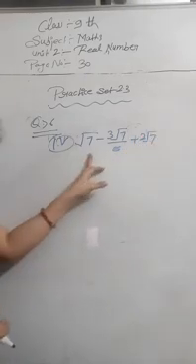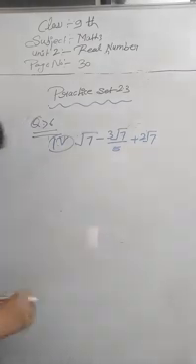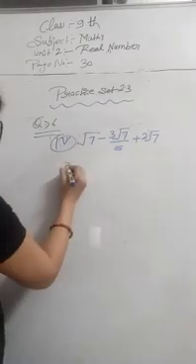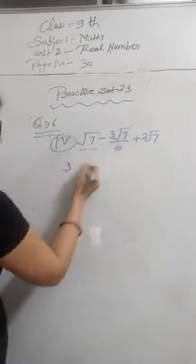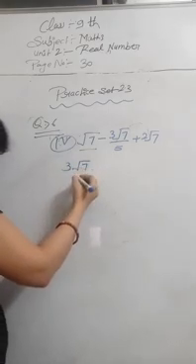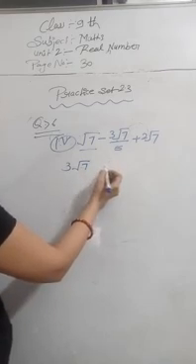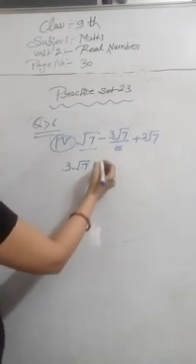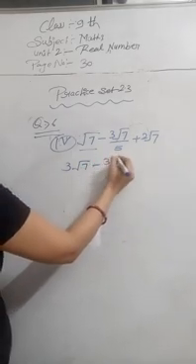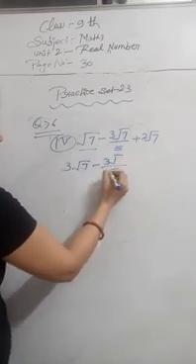Okay, so here is nothing, so we will put here 3, and the common one is root 7. Okay, and we will write here 3 root 7 by 5.